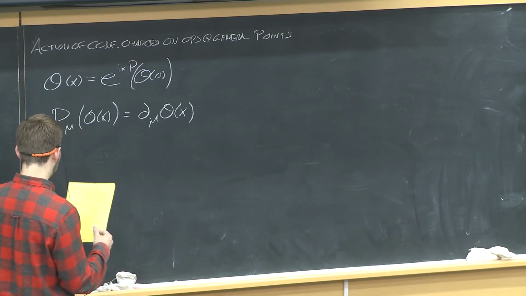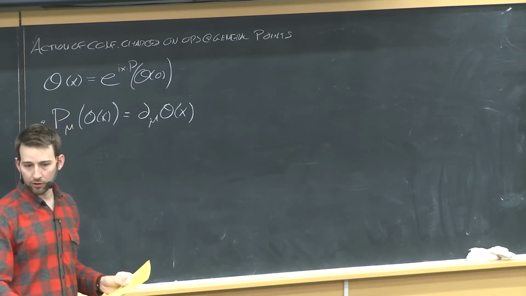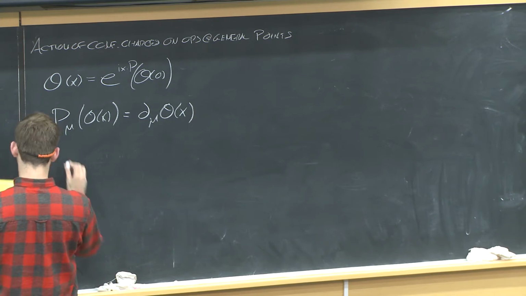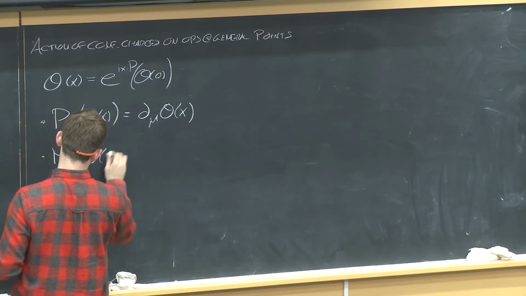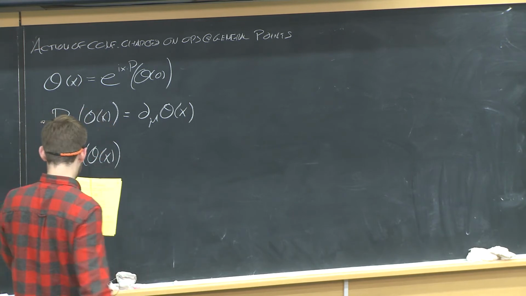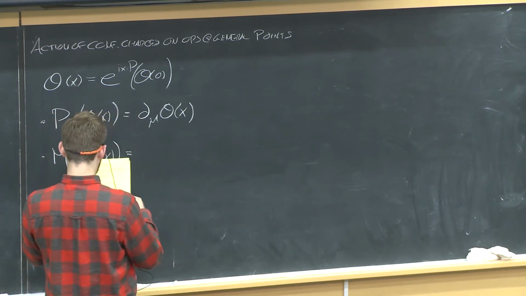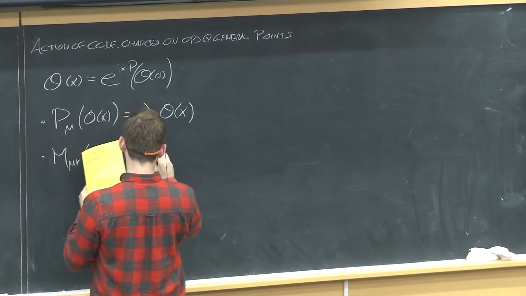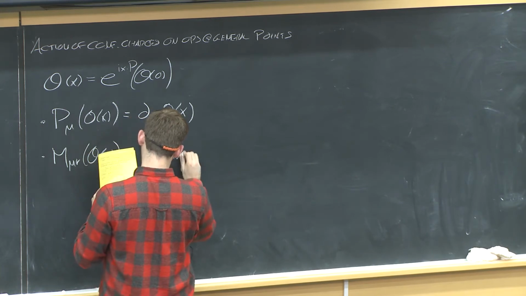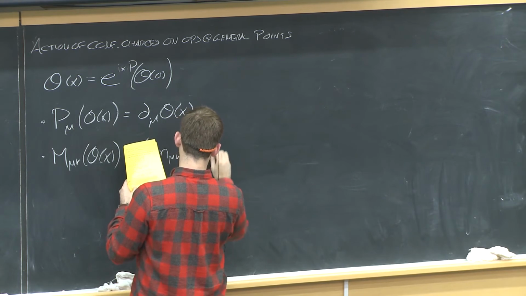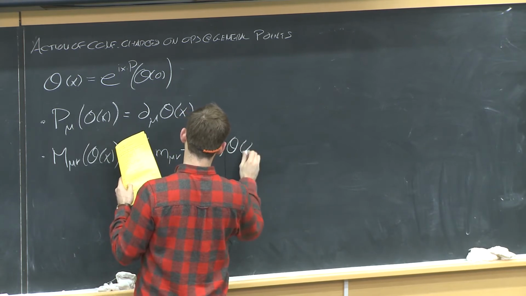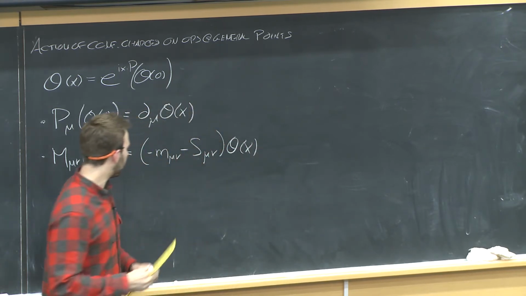The momentum killing vector doesn't know what the origin is. Rotations act as they did before.